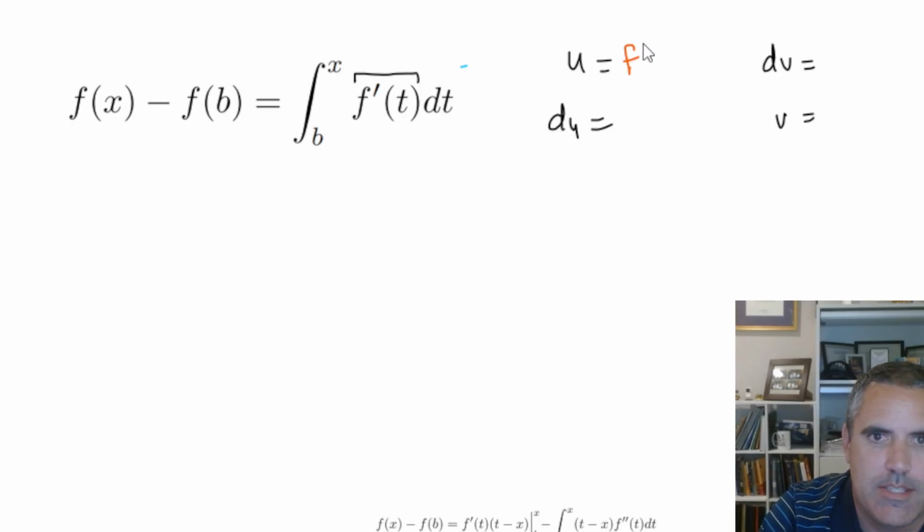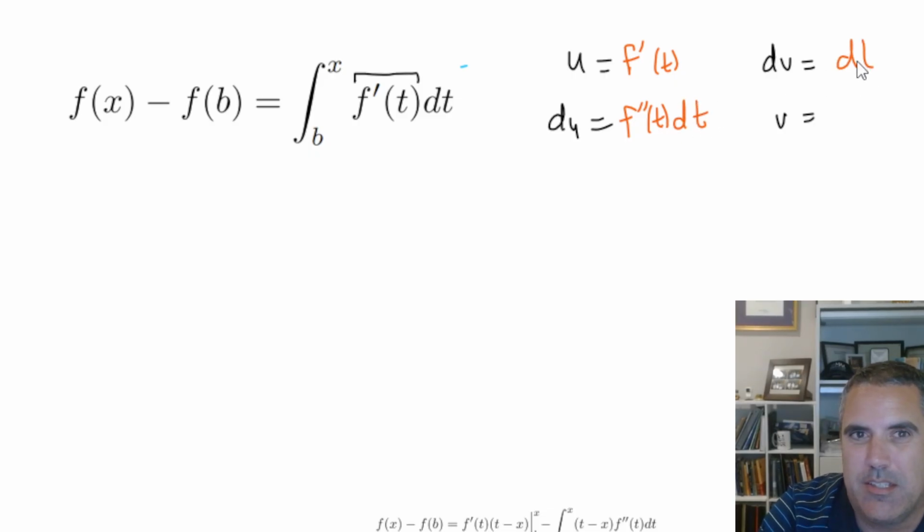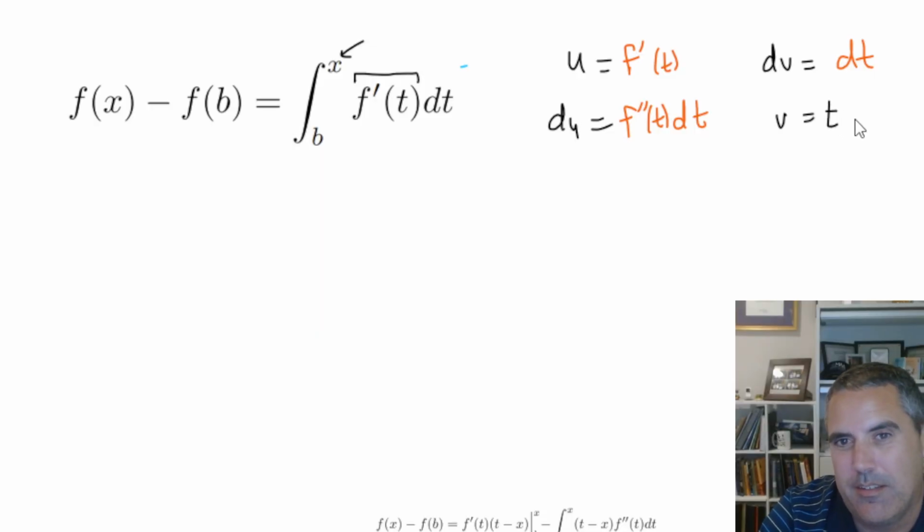So we're going to say this is the first derivative, so its derivative is the second derivative. And then we're going to say this is dt. Now the part I always find hardest to remember about the proof is that we're treating the x as a constant when we're doing this. And it makes things easier if when you integrate you do t, I think it's minus x.